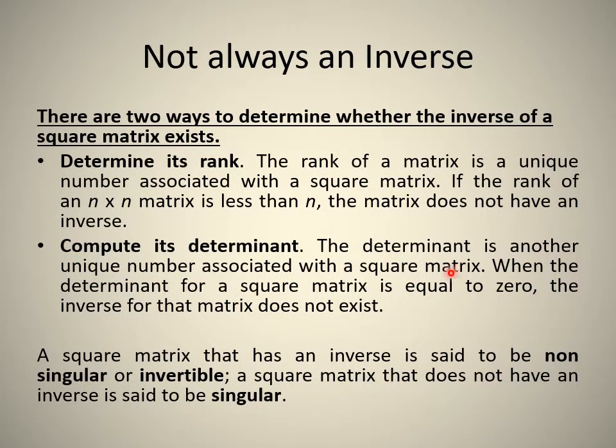When the determinant of a square matrix equals 0, the inverse will not exist. So a way to test, if you have, let's say, a 5 by 5 matrix, and you want to know whether it's possible to calculate an inverse for it, is to first calculate the determinant. If the determinant does not equal 0, it means that the matrix is of full rank and an inverse is possible to calculate for that matrix.